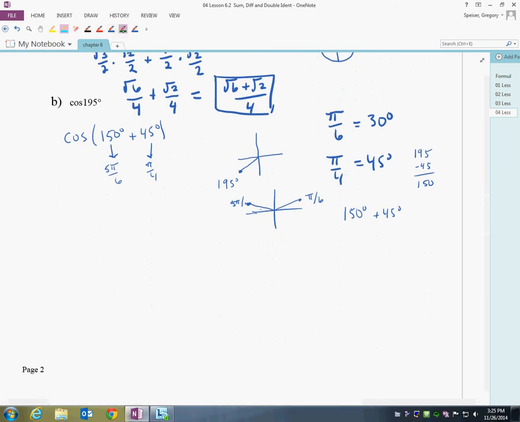I feel like switching to green here, so we're going to do the cos 45 degrees, cos, oh, you know what, I may as well keep the same order, it doesn't really matter too much, but if I wrote 150 first here, I may as well do 150 first here too. So okay, it's cos of 150 degrees times the cos of 45 degrees, and then it's minus the sine of 150 degrees times the sine of 45 degrees.